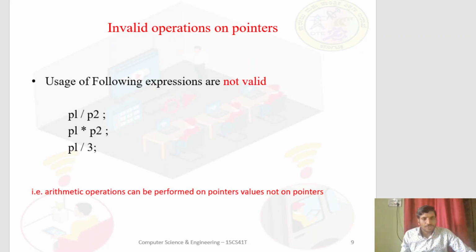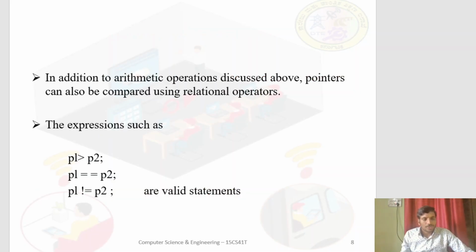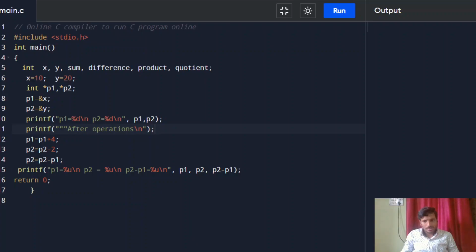I will show you this through the demonstration of an example, a demonstration of a program. Let me write the code. Now look at this program. Int x, y, sum, difference. These variables are from the last program. Let me remove this.